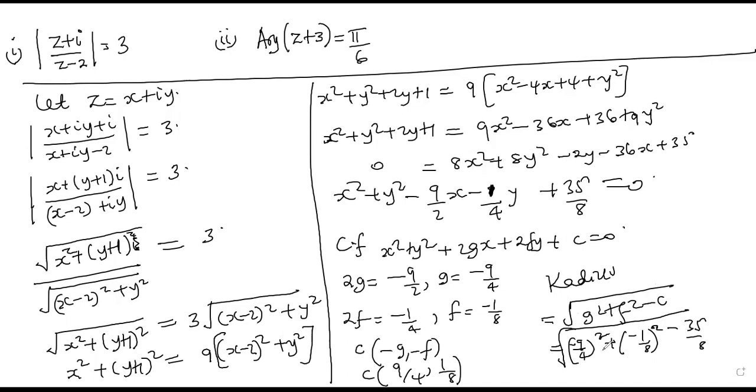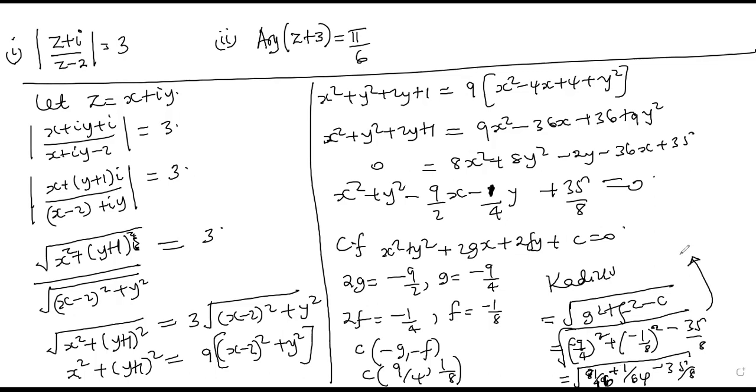So this is going to be the square root of 81 over 16, plus 1 over 64 minus 35 over 8.